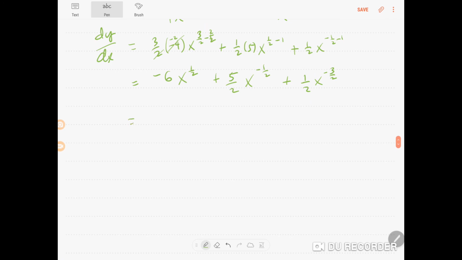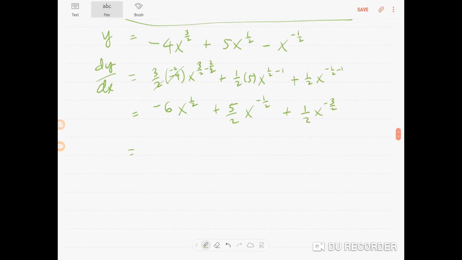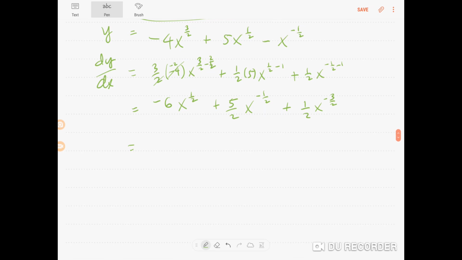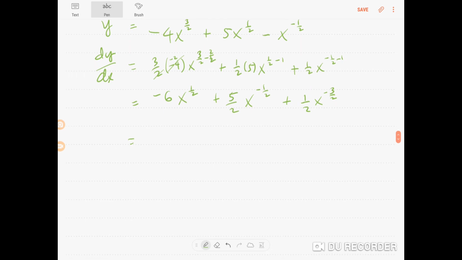And now, normally in IGCSE, they ask you to change it into positive powers. And we have 2 of them with negative powers, right? So we gotta change them into positive powers. To do that, I assume that you know already how to change that in the topic of indices and also surds.